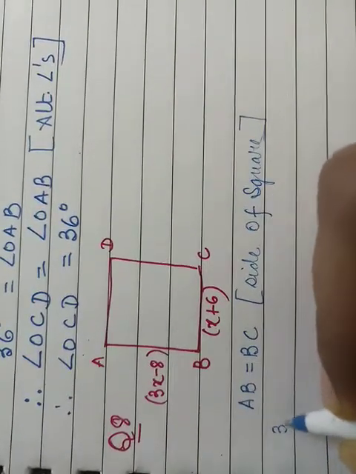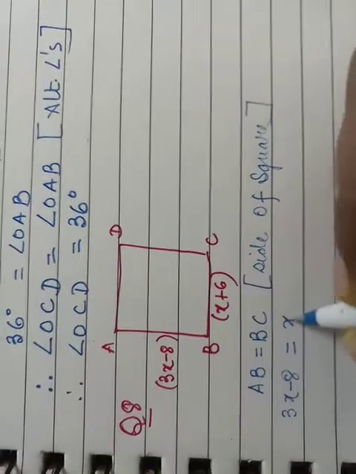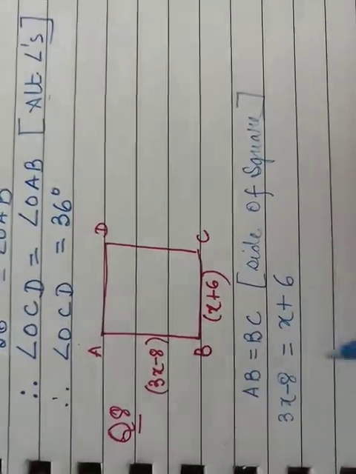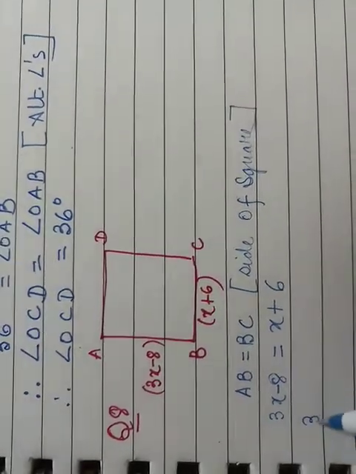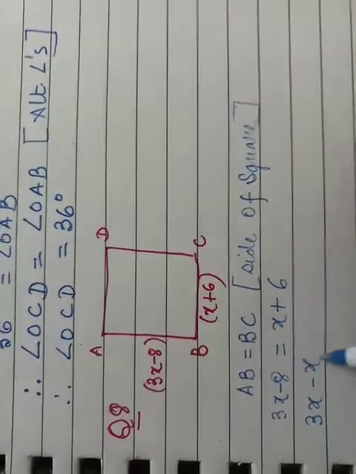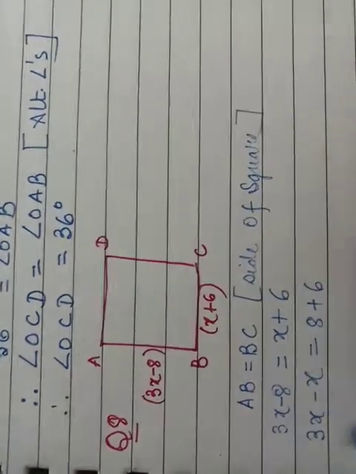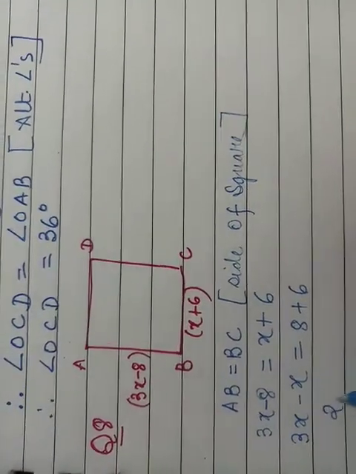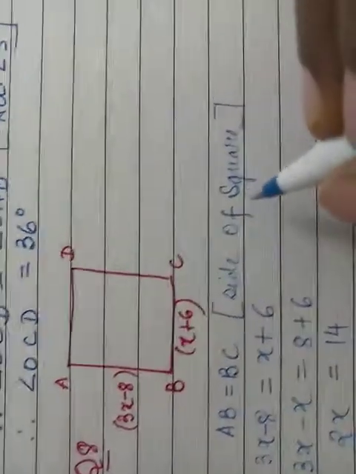AB is equal to 3x minus 8 and BC is equal to x plus 6. So I transpose x to the left side and 8 to the right side. This will give you 3x minus x is equal to 8 plus 6. 3x minus x gives 2x, and 8 plus 6 is 14.